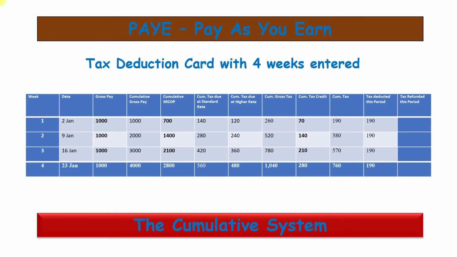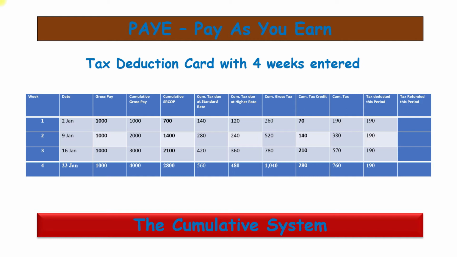If we look at the second week, the cumulative gross has increased to 2,000 and the cutoff point and tax credit have also doubled. We will now use the same principle as before. We get 20% of the 1,400, which is 280. And 40% of the remainder, so 2,000 minus 1,400 multiplied by 40%, which gives us 240.